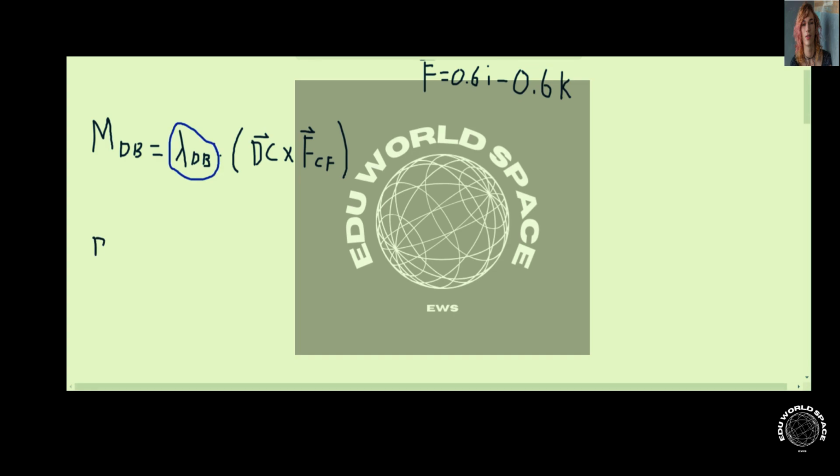So we're going to first find the dB vector, and that's going to be equal to the B vector minus the E vector, and that will give us a vector of 1.2i minus 0.35j.